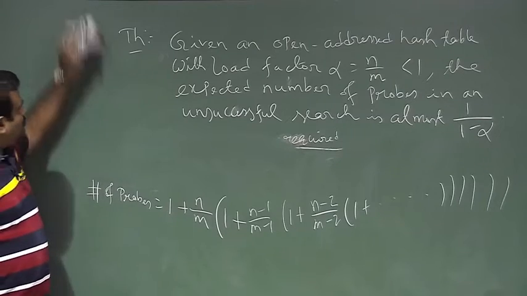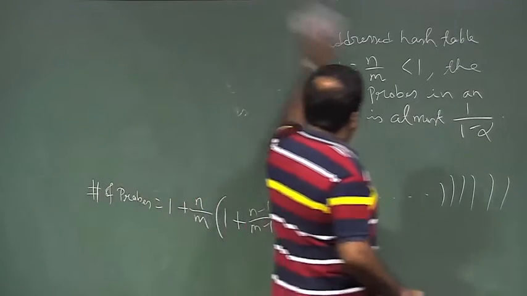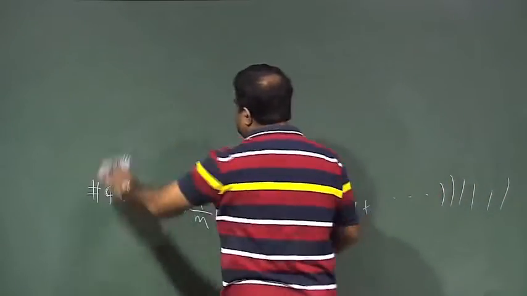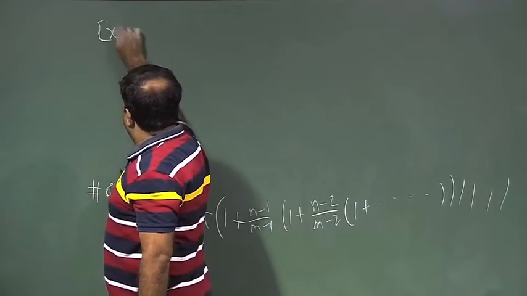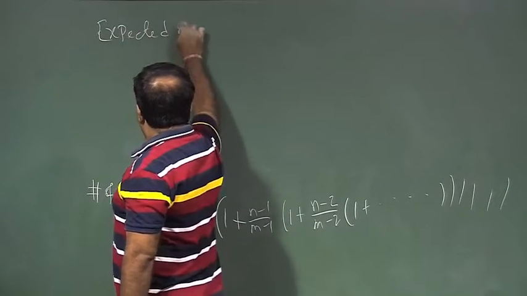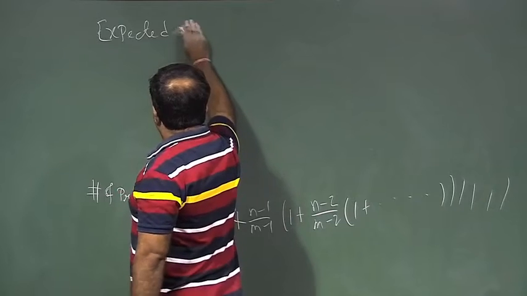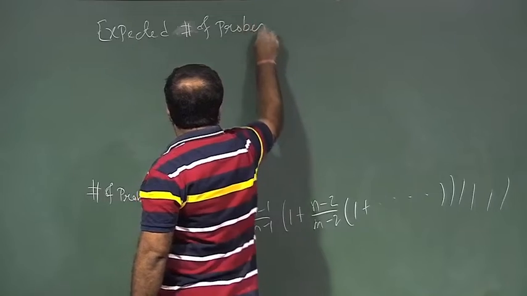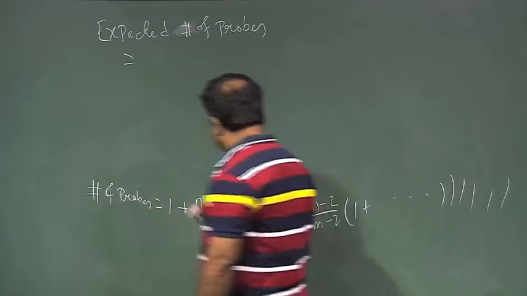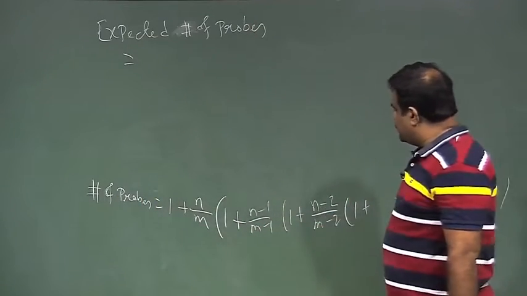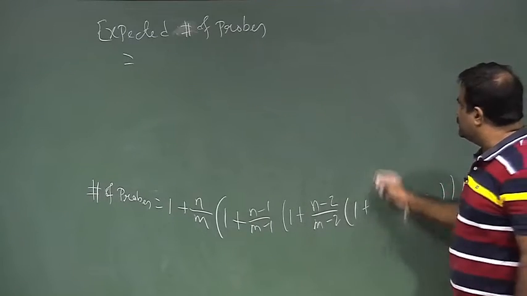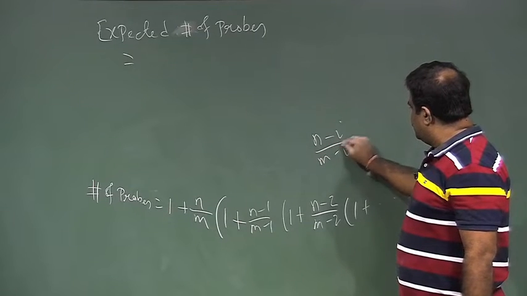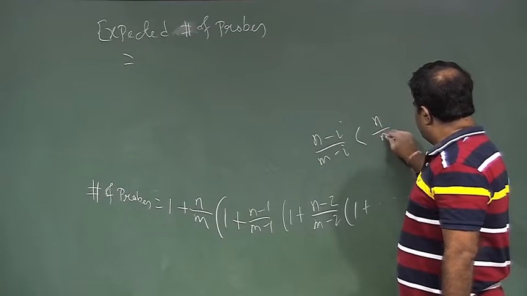Okay. So, now we want to simplify this. This is the expected number of probes for an unsuccessful search. We can simplify this by using the fact that n minus i by m minus i is less than or equal to n by m for all i.